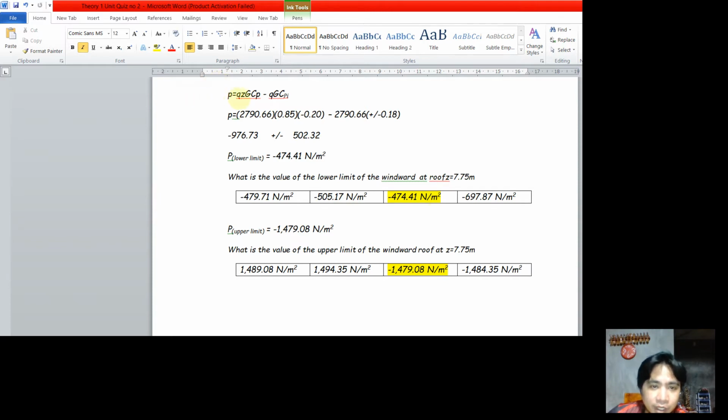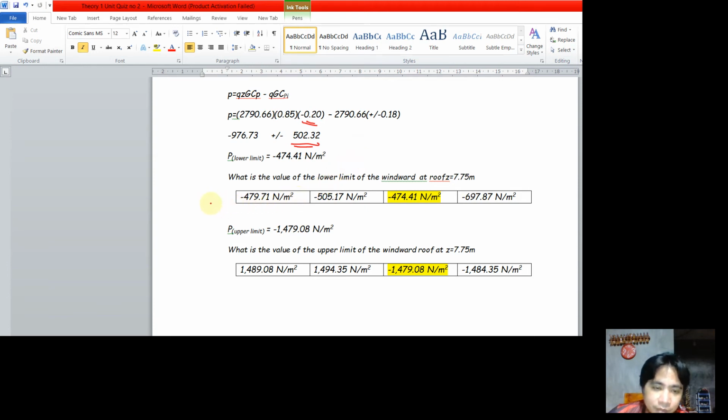And that will be directly substituted in the formula. So this remains to be 502.32 here, plus or minus 502.32. This is a suction pressure, negative 976.33. So finally, we have a lower limit of negative 474.41 for the roof.